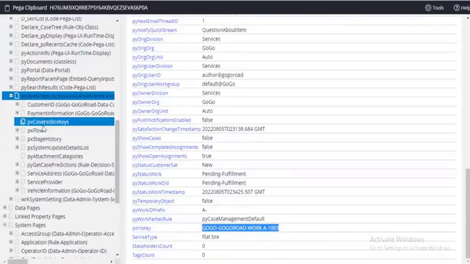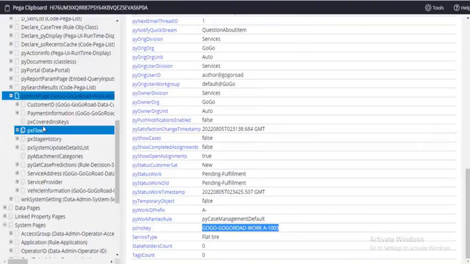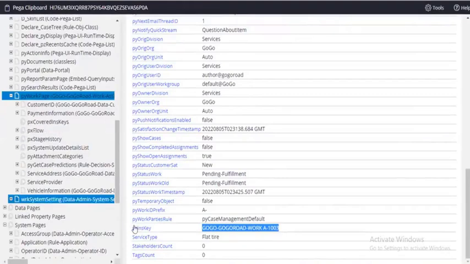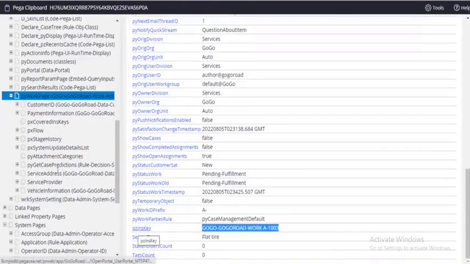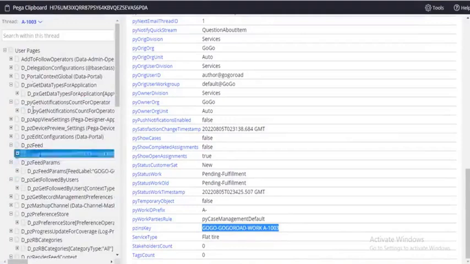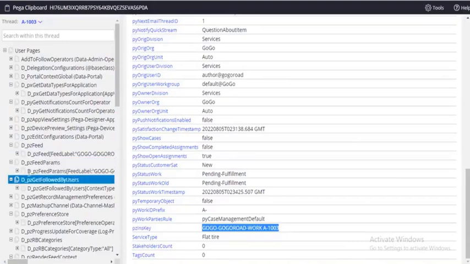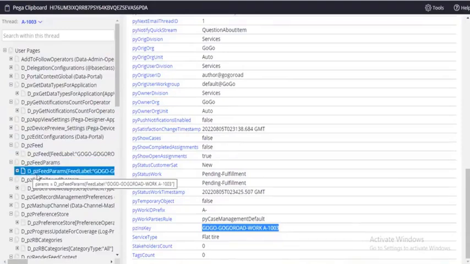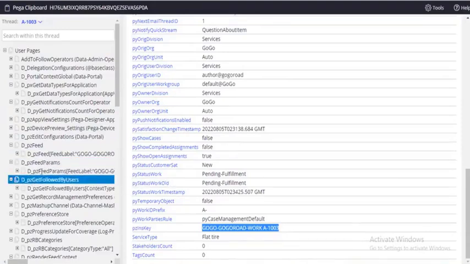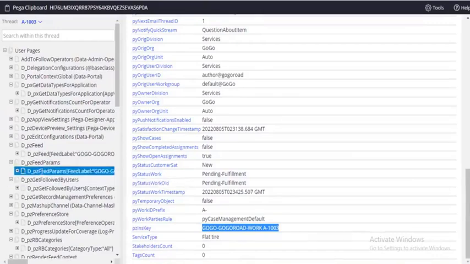So PX and PZ are almost the same, right? You can only read. Yeah, you can see here there are so many PZ, like D_PZ. D_ means data pages, but you can see it starting with PZ. These are all used by Pega's internal process.